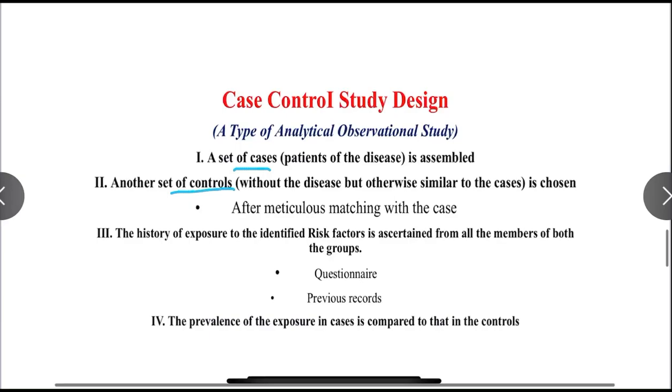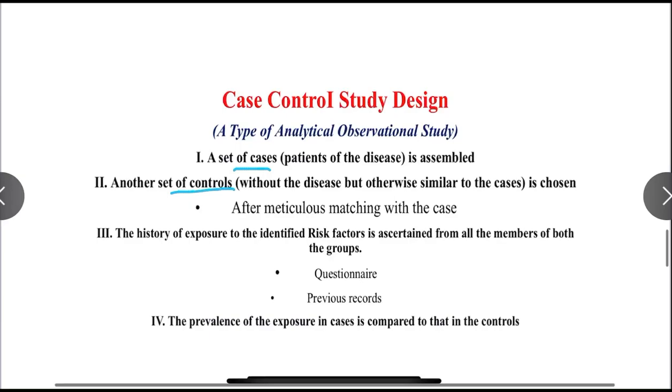Then we do the matching. For the matching, we match the family, the lifestyle, the age, the gender, everything with the cases. So the set of controls is matched with the set of cases.